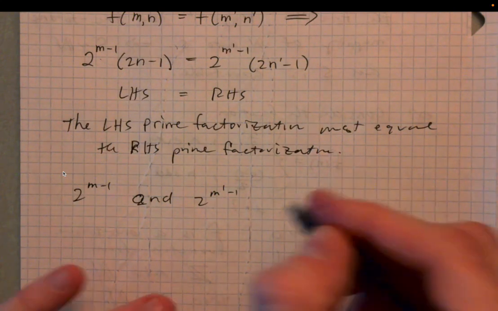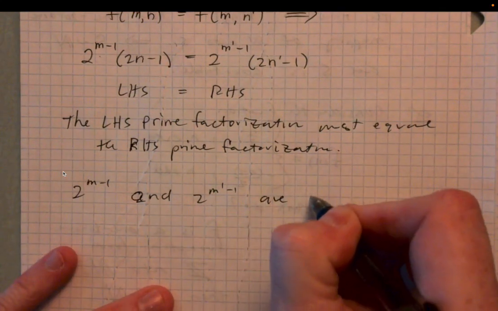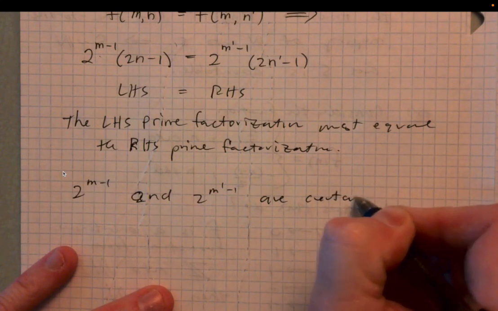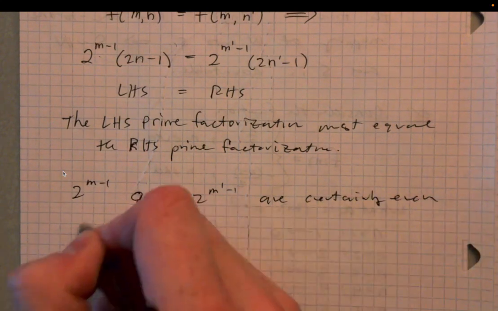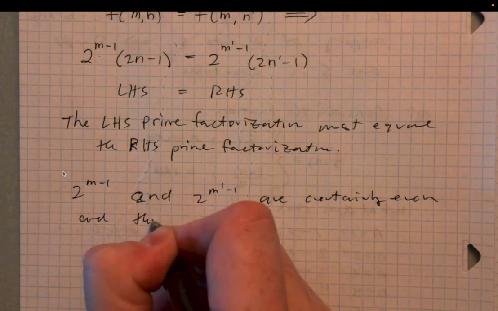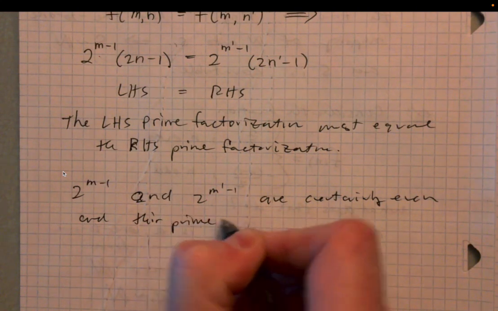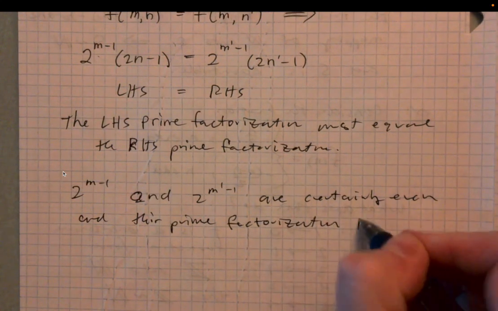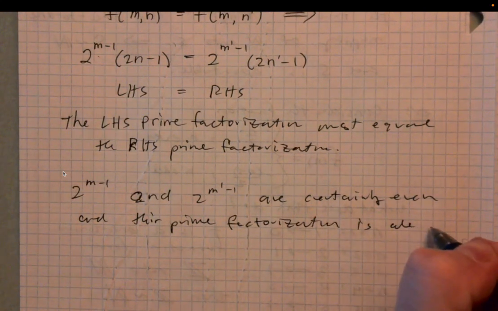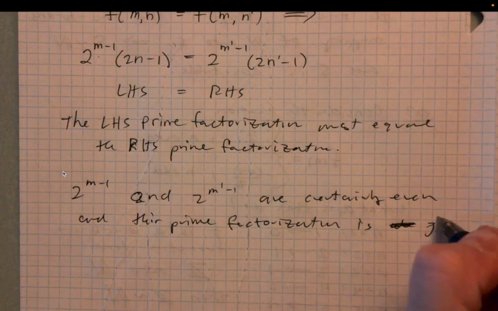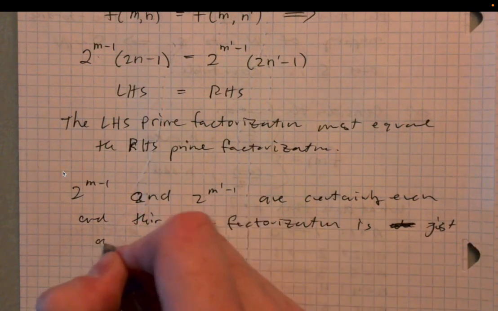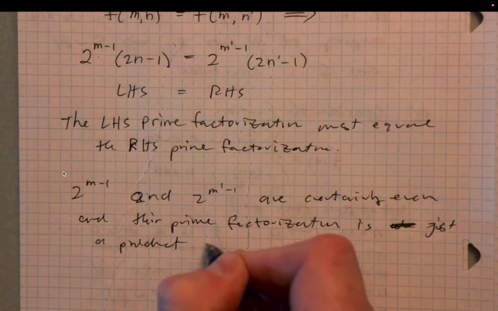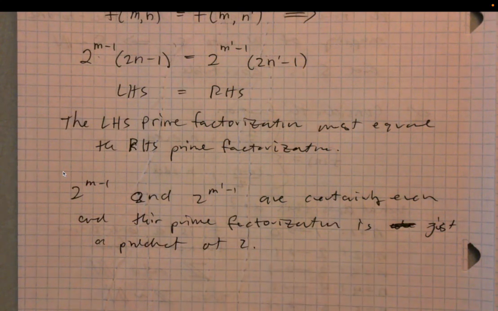So they are certainly even, and their prime factorization is just a product of 2's. They've only got the number 2 in their factorization.